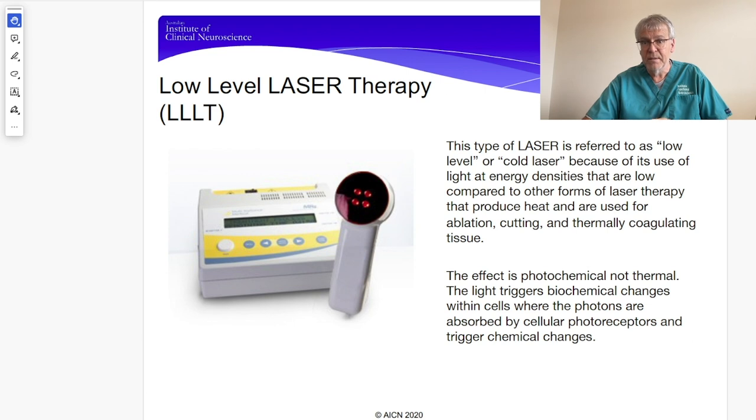There are other better ways. Low-level light lasers work by the light causing a change in certain parts of cells, which then cause changes in the way chemistry is happening inside those cells. That's why we call it the photochemical effect. So that's another important thing to remember.